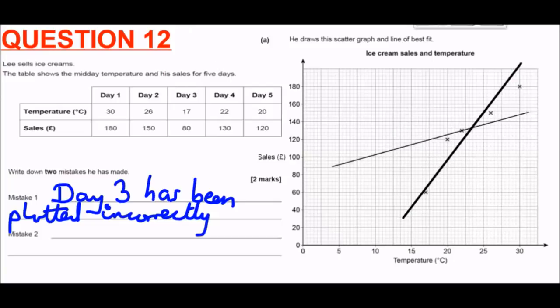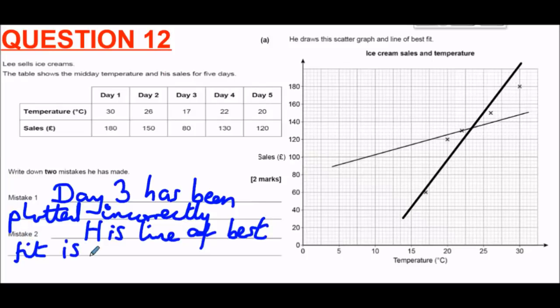And so just something along the lines of, for mistake 2, his line of best fit is in the wrong place. It should be steeper, essentially.